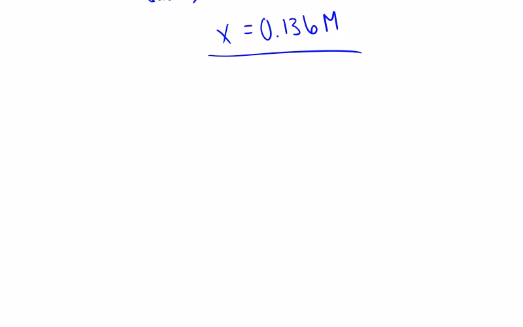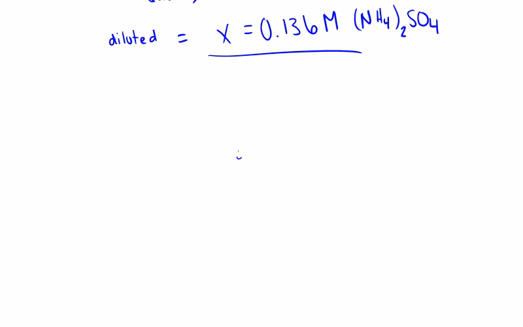We know that our new diluted solution is 0.136 molar (NH4)2SO4. And we want to specifically calculate the concentration of ammonium ions and the concentration of sulfate ions.